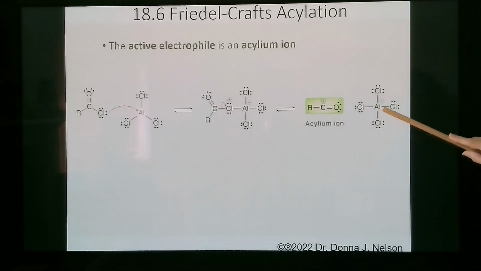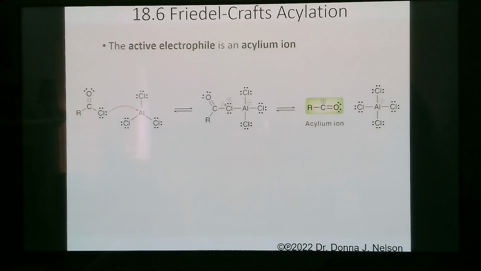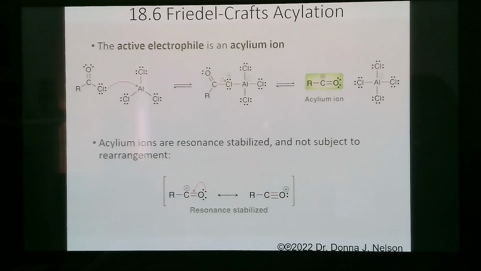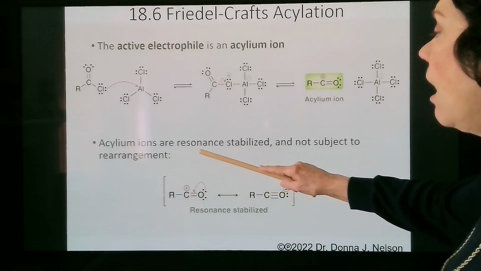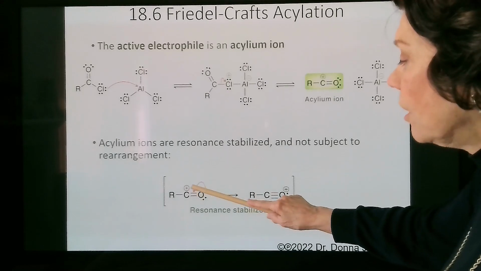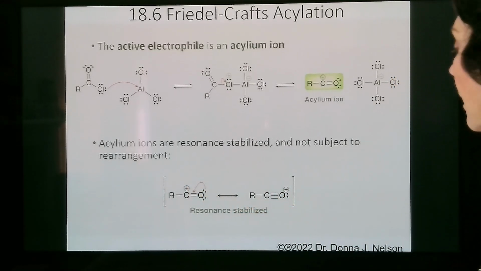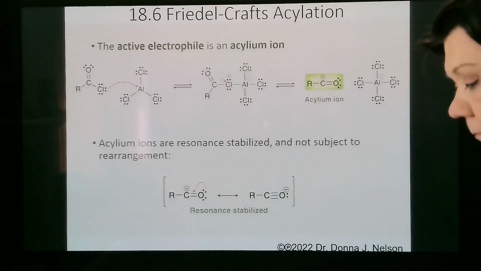And you still have aluminum tetrachloride as the counter ion. And so the acylium ion becomes the electrophilic reagent. Acylium ions are resonance stabilized. The pair of electrons on oxygen can move in and satisfy that positive charge. Now, oxygen is bearing the positive charge.